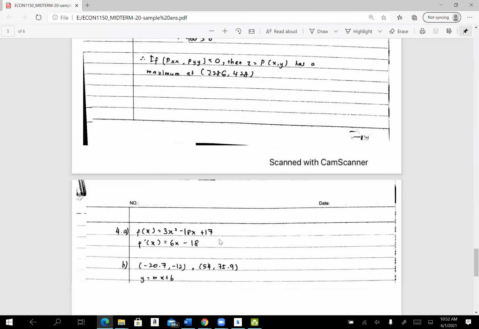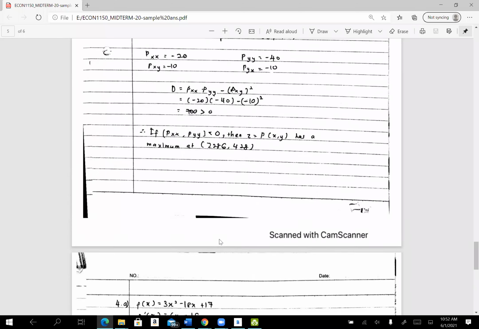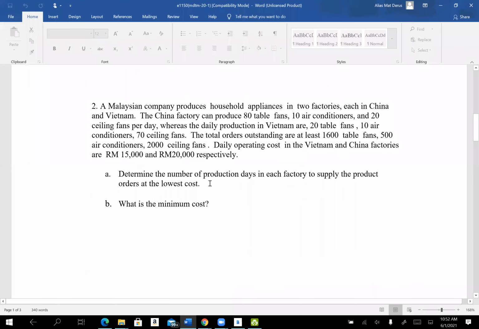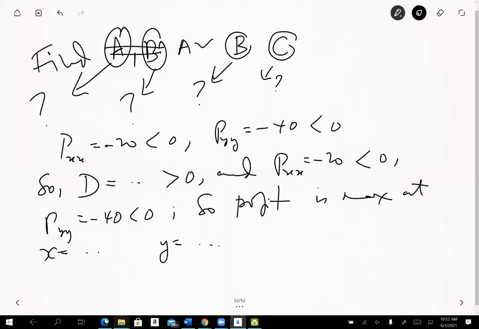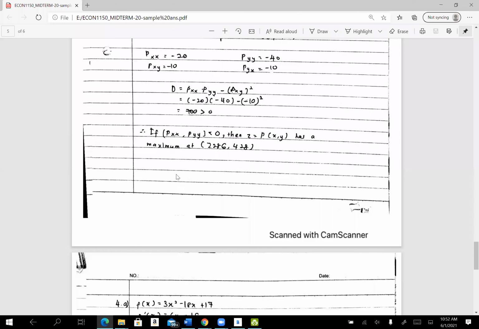And then what you do, you describe the point, all right? So determine the number of days to operate, to minimize the cost. So what you say is this: to maximize profit.